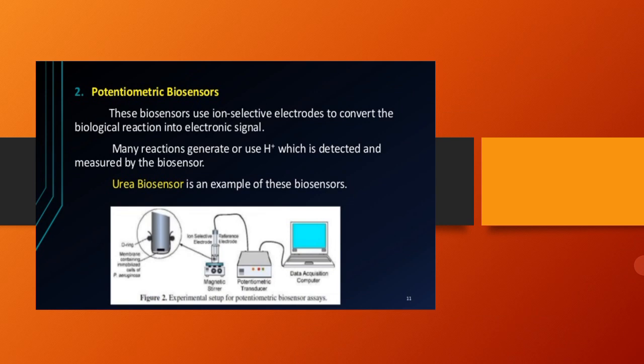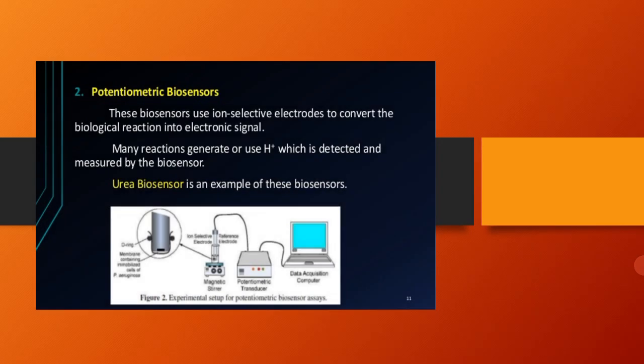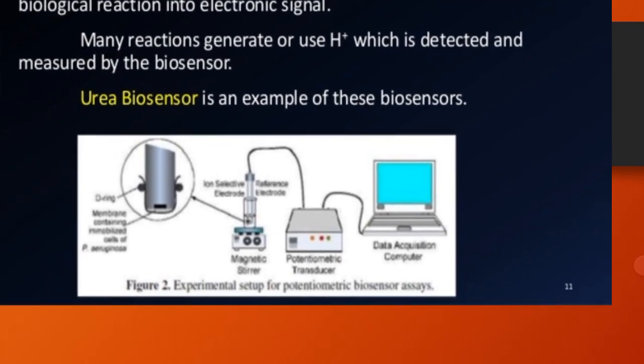We can measure it using this biosensor. An example of the potentiometric biosensor type is the urea biosensor. In this picture you can see the experimental setup for the potentiometric biosensor assays.